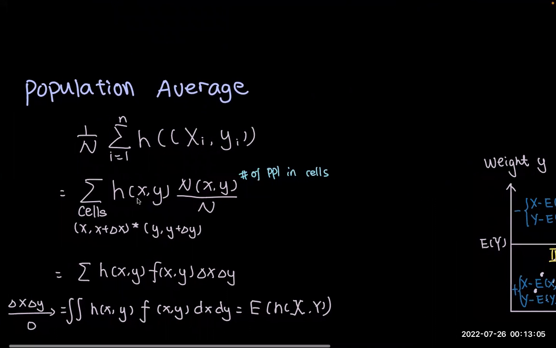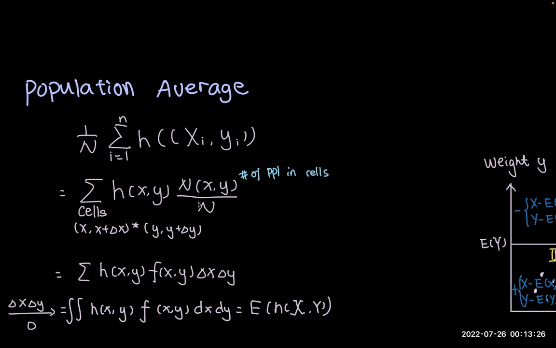And then we have this h of x, y. For all the points belonging to this cell, we know that the values are essentially all the xi equal to x, and all the yi equal to y, subject to this infinitesimally small range delta x, delta y, right?